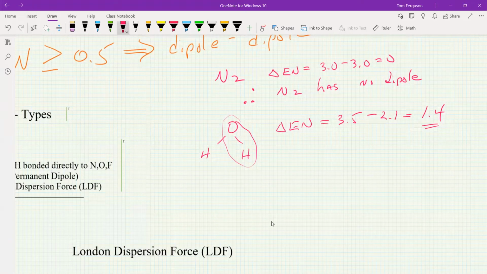And so let's look at one other molecule. Let's look at cyanic acid. Very, very poisonous.